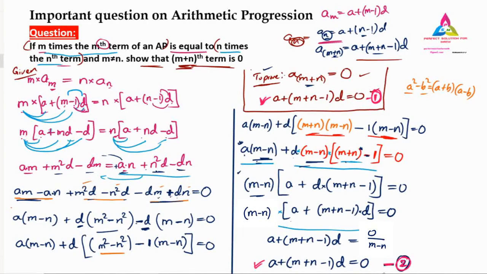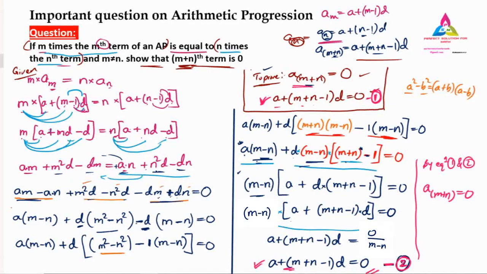If you compare it correctly, both the equations are the same, which means that a plus m plus n minus 1 into d is nothing but the a of m plus n term. Finally we can write down a of m plus n is equal to 0 by equation 1 and 2, because what you have to prove is already proved.